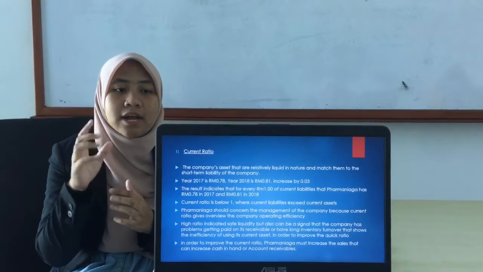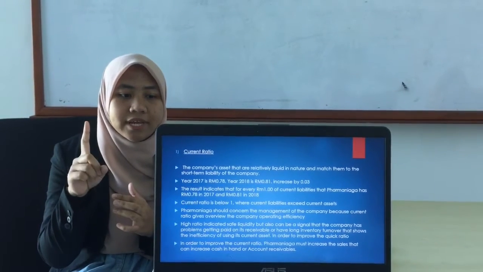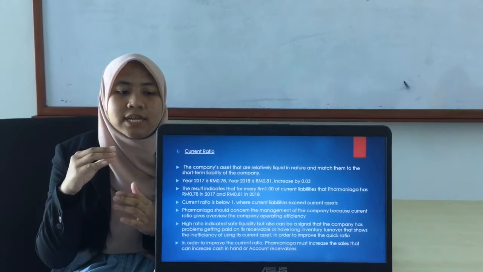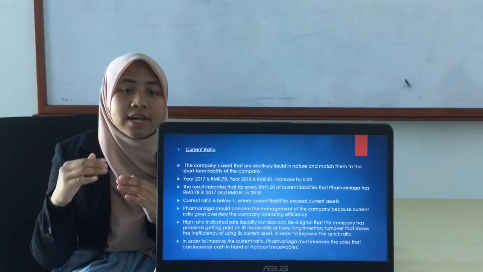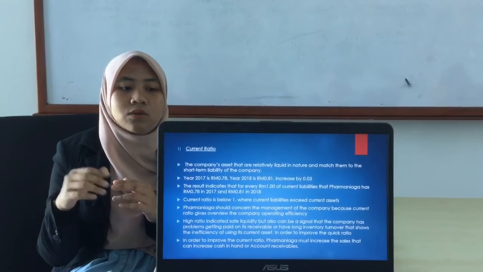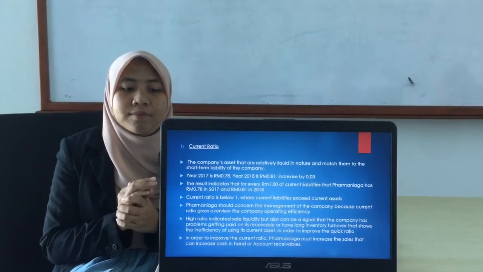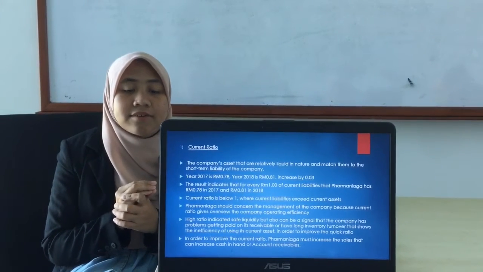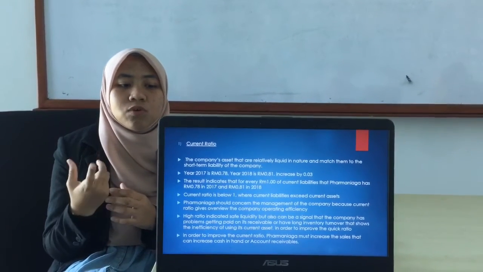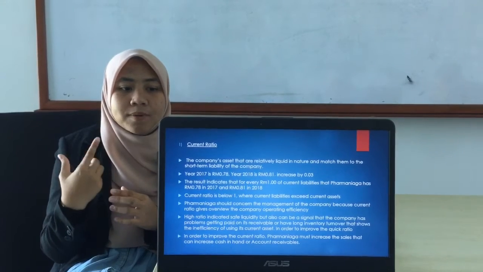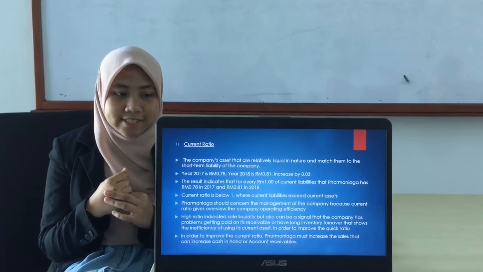The current ratio is below RM1, so it shows the current liabilities exceed the current assets. So Pharmaniaga must be concerned about the management of the company, because the current ratio gives an overview of the company's operating efficiency.